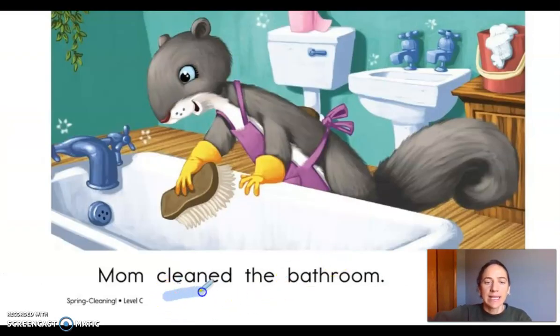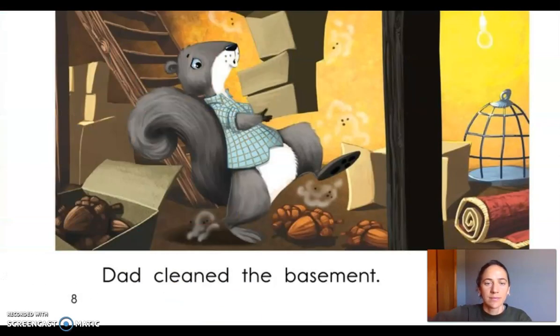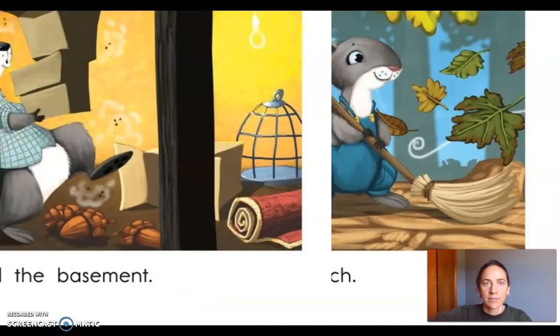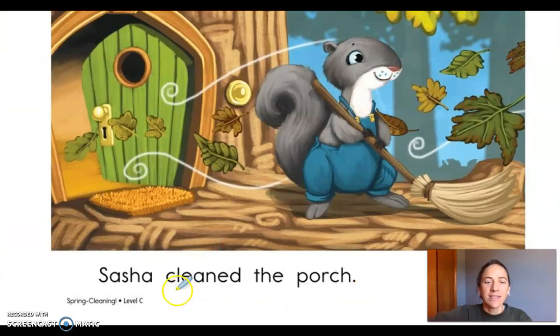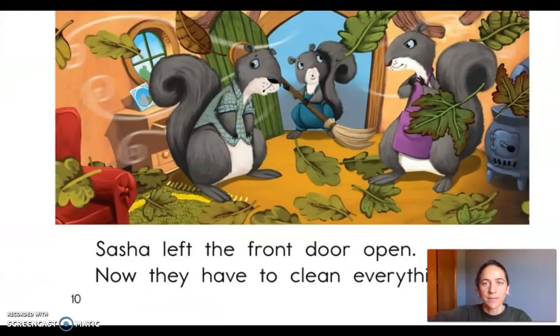Mom cleaned the bathroom. Dad cleaned the basement. Sasha cleaned the porch. Sasha left the front door open. Now they have to clean everything again.